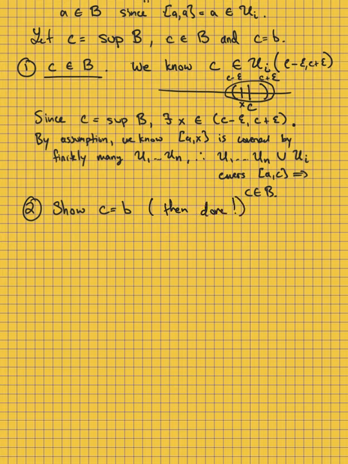Right, because we've defined B to be these elements so that A to X are covered by finitely many things. We've shown that the supremum of the set is in there, so if the supremum of the set is b, then we've covered A to b with finitely many sets. And it's a similar argument.